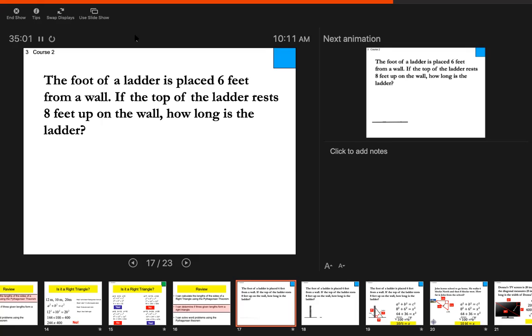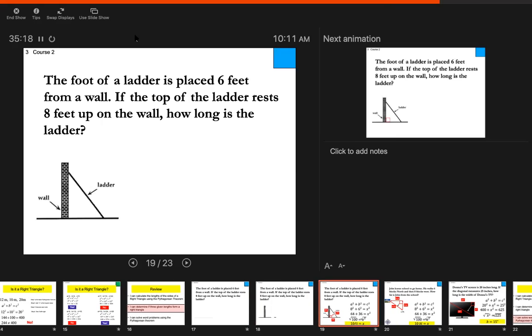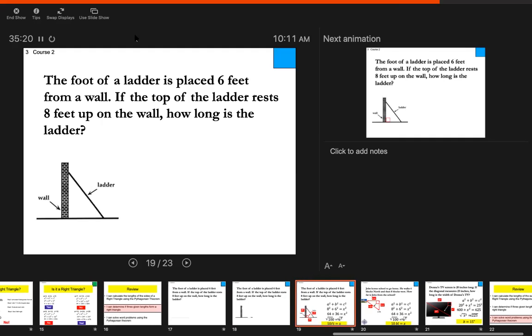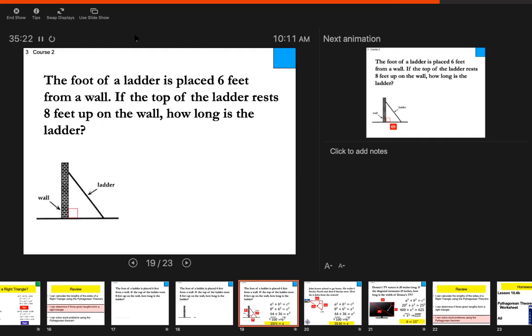There's a kite. The kite has a string that goes up in the air. You drop a line down from the kite. It makes a right triangle. A building casts a shadow. Connect the top of the building to the end of the shadow to the start of the building. It makes a right triangle. When you put a ladder up to a building, it makes not only a triangle, but a right triangle.